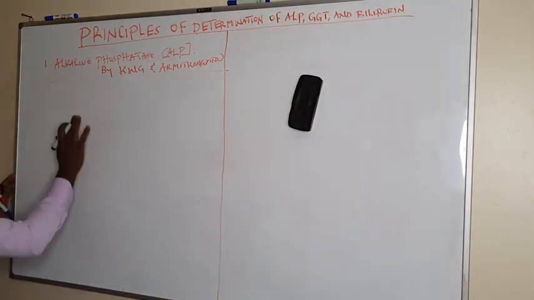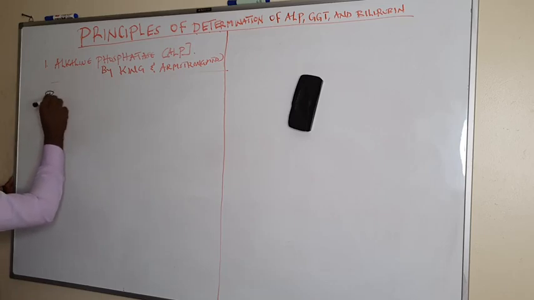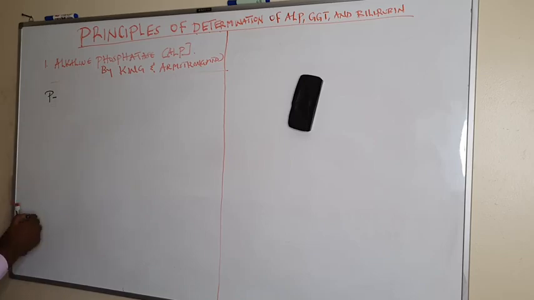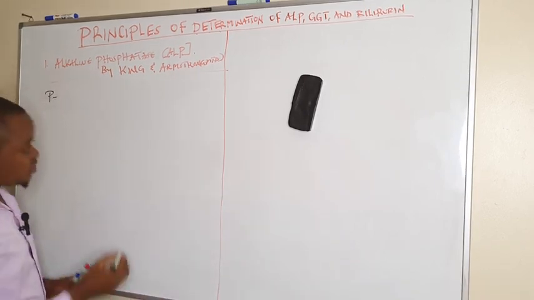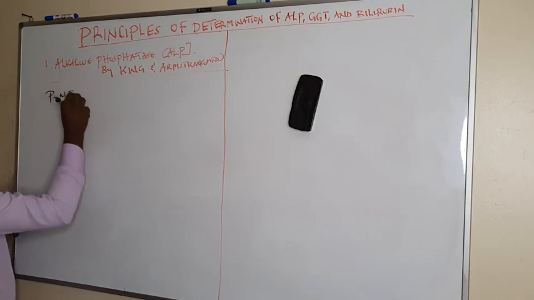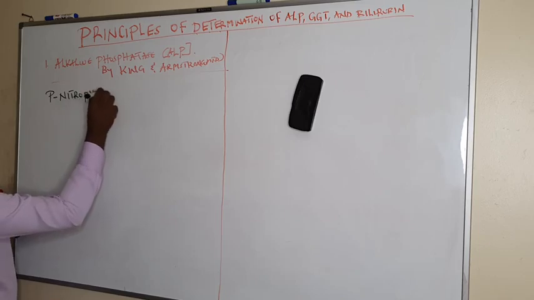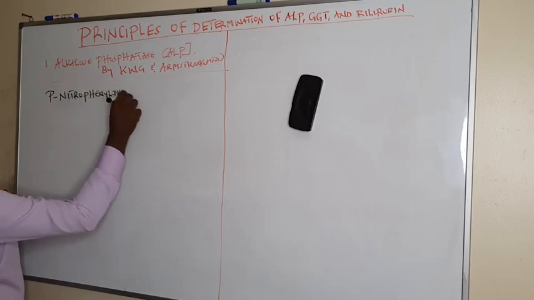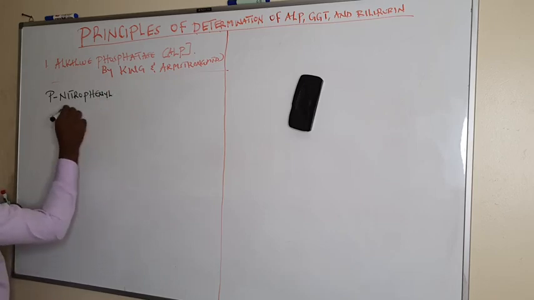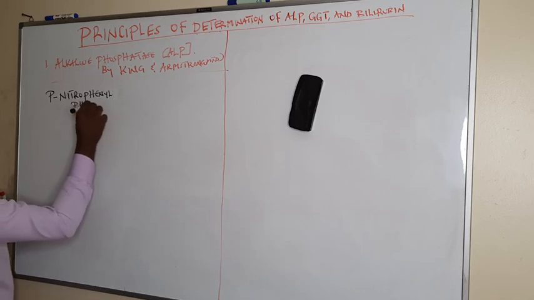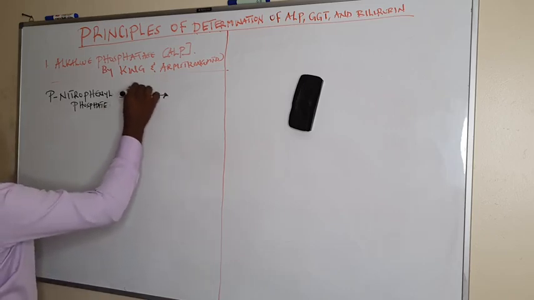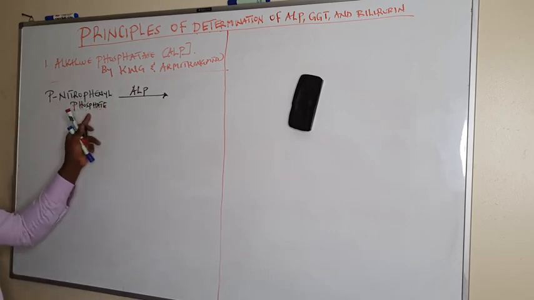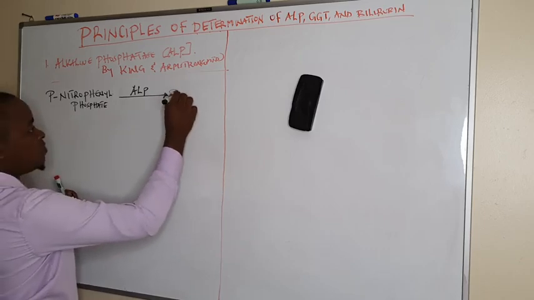So we shall see that a compound like P nitrophenyl phosphate is going to be hydrolyzed by ALP to form P nitrophenol.